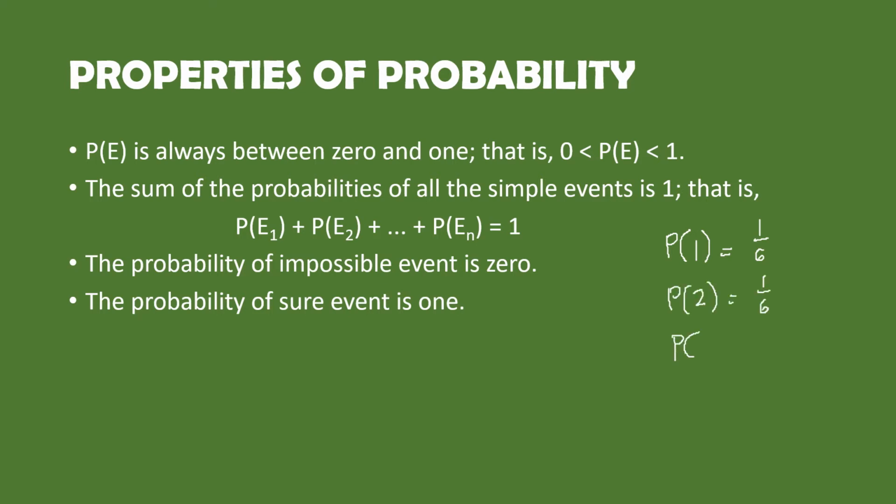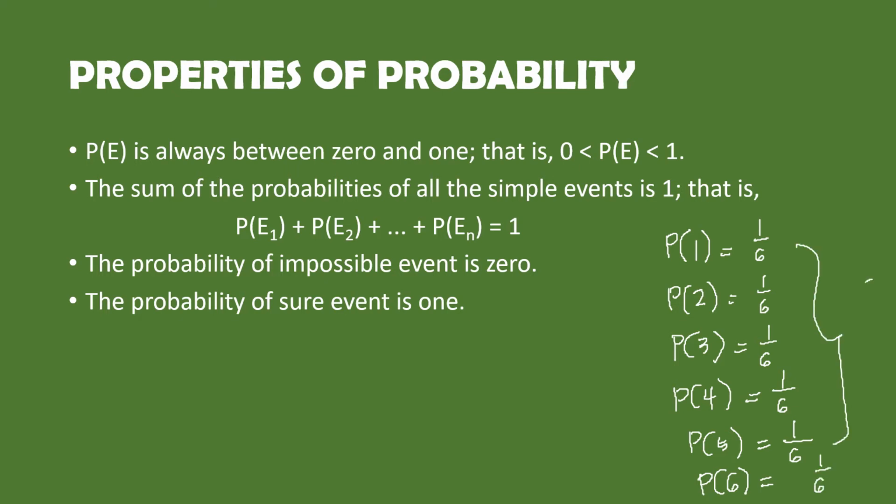Similarly, the probability of getting a 3 is also 1 over 6. The probability of getting a 4 is 1 over 6. And the probability of getting a 5 is 1 over 6. And also for probability of 6, that's 1 over 6. If I add all of this, I will get 6 over 6, which is equal to 1. That's why the sum of the probabilities of all the simple events is 1.